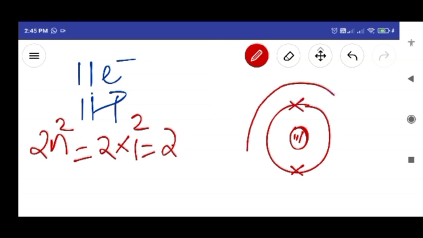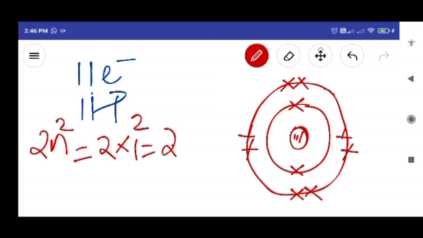The next shell is L shell. From 9 electrons, how many electrons can be accommodated in L shell? 8 electrons. So 1, 2, 3, 4, 5, 6, 7, 8. So from 9 electrons, 8 electrons are distributed. How many electrons are left? 1 electron.